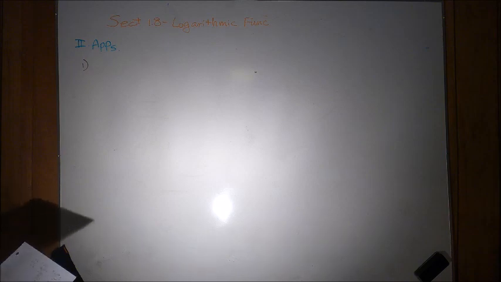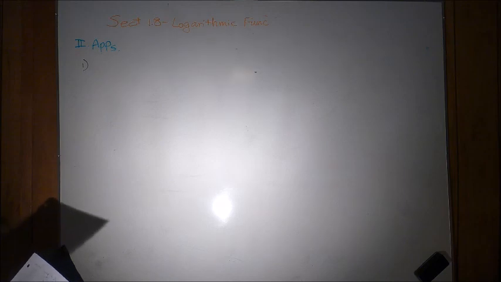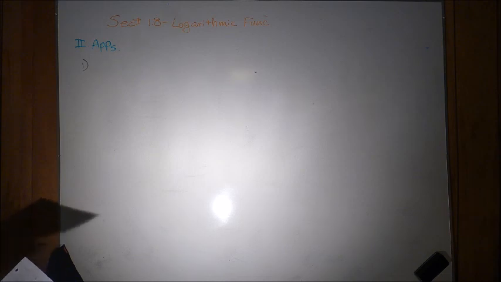Take a look. First one, for financial application, finding doubling time. The problem says, a sum is invested at 12% interest, compounded quarterly. How soon will it double in value? So it says what?